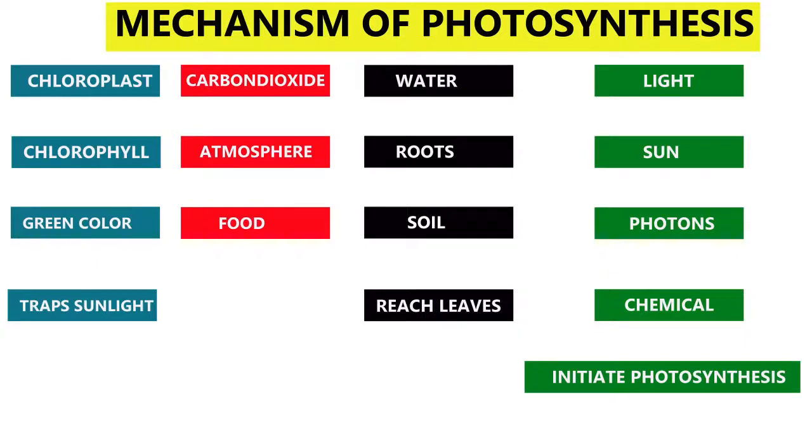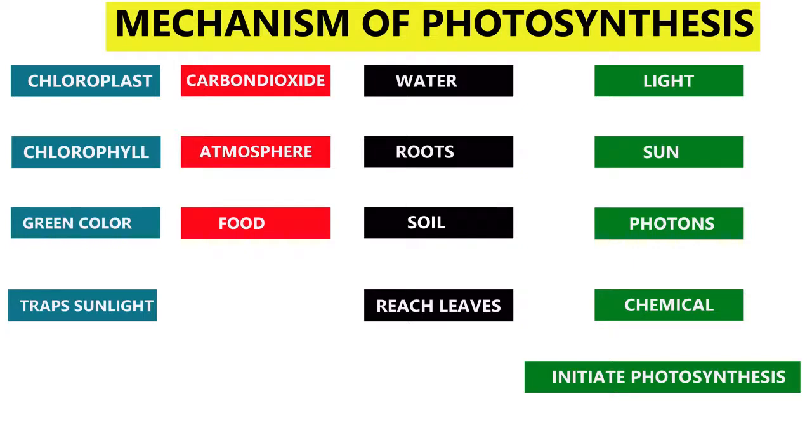Whatever energy comes from the sunlight is completely trapped by the chlorophyll molecule. So the chlorophyll molecule plays a very important role in photosynthesis, because to start any reaction, what we require is energy. So this chlorophyll molecule is the one trapping the solar energy.